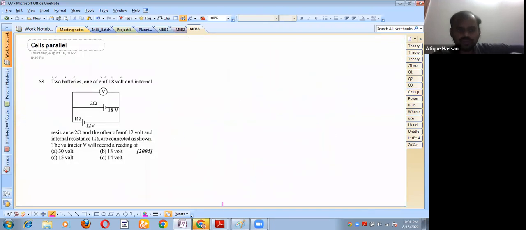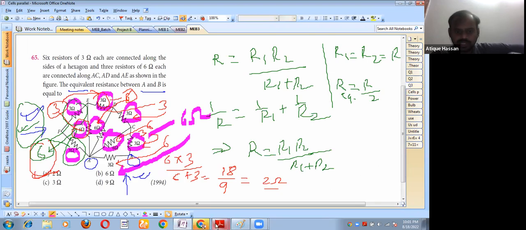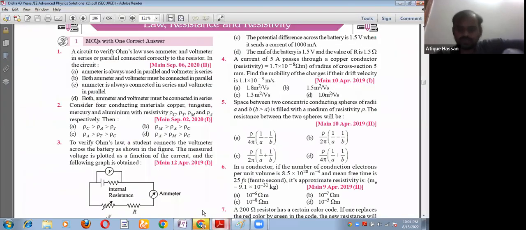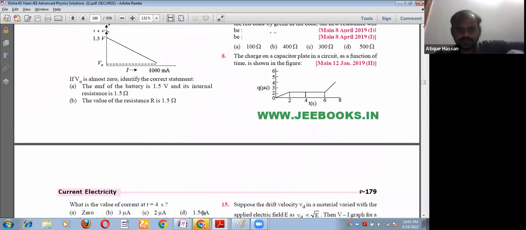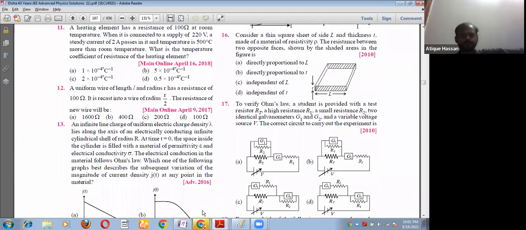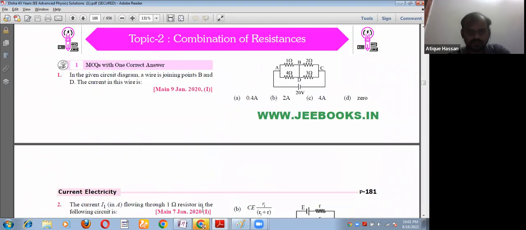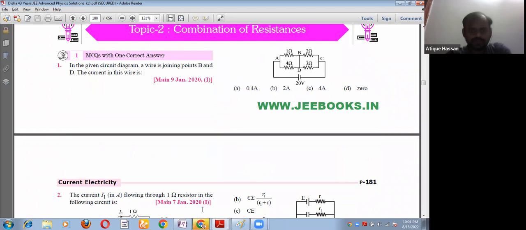We will do one more question based on series and parallel. So let us pick a JEE question for series and parallel combination. See this question, question number 1, a very basic question asked in January 2020, a very easy question.